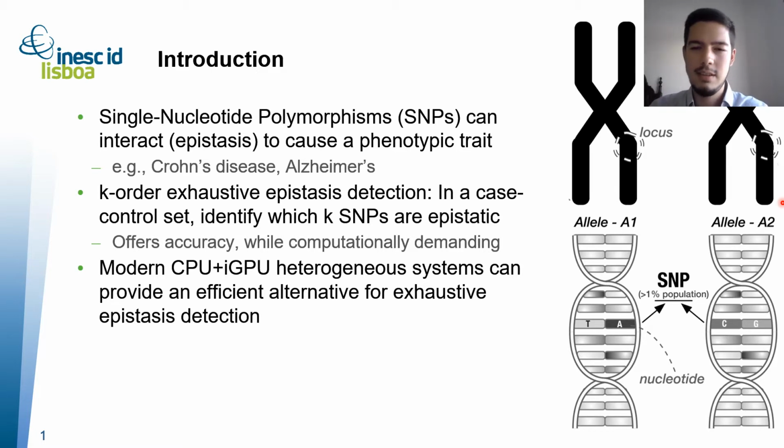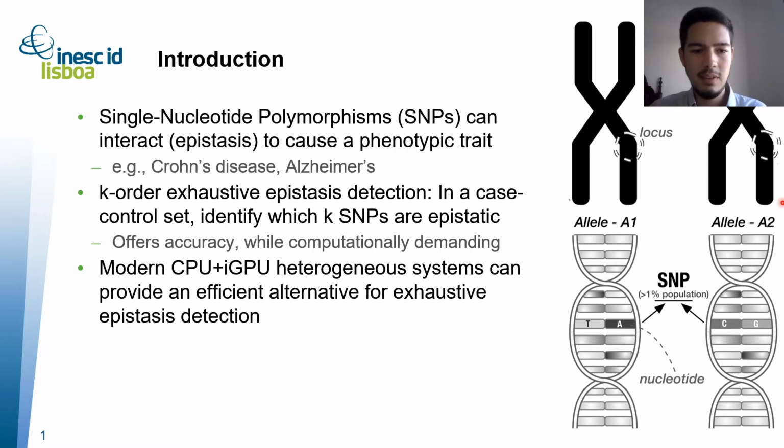And these different SNPs can interact with each other to cause a phenotypic trait. Several diseases have been shown to rely on this process, such as Crohn's disease or Alzheimer's. So it has important implications for human health to detect which SNPs interact to cause which phenotypic traits.